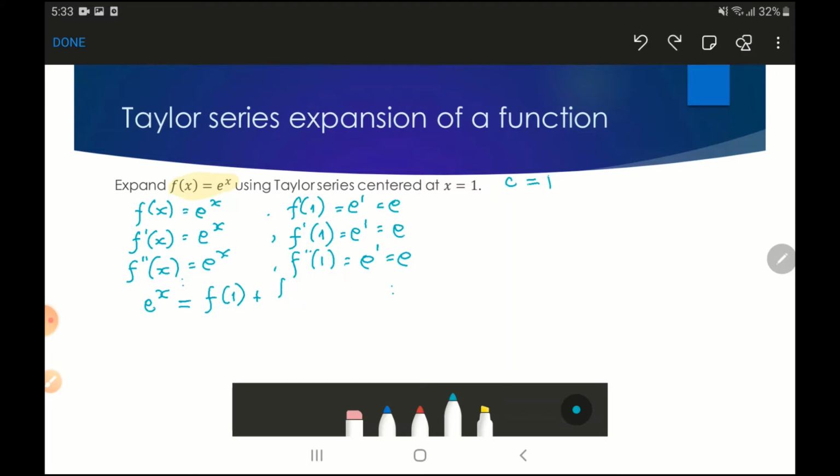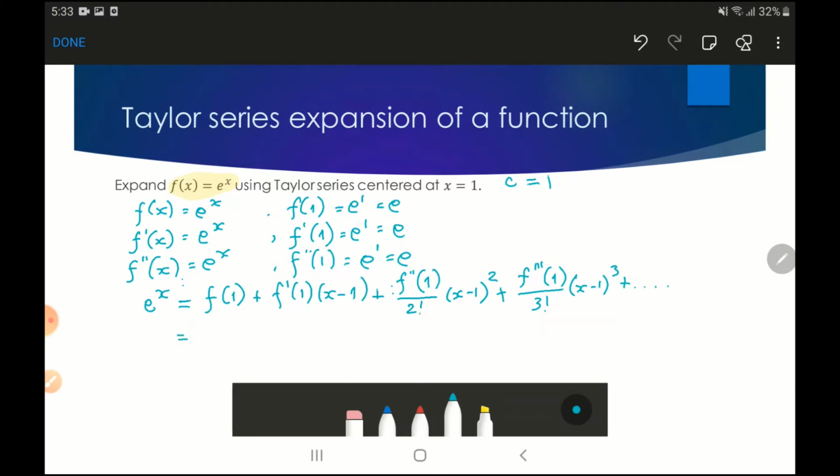Let me write f'(1) with (x minus c), the c is 1, plus f''(1) over 2 factorial with (x minus 1) squared, plus f'''(1) over 3 factorial, (x minus 1) cubed, and so on.